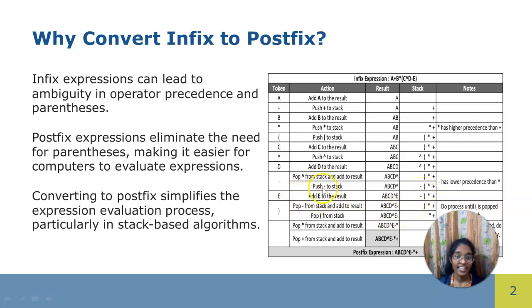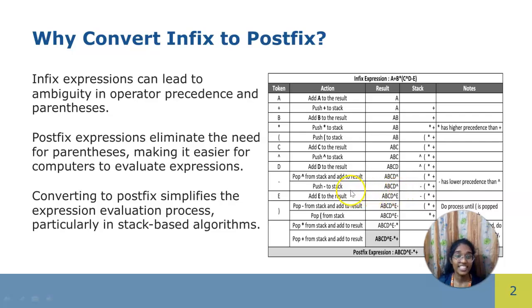We add E to the result, and here we pop power. We delete it from the stack and add it to the result, because minus has lower precedence than power.